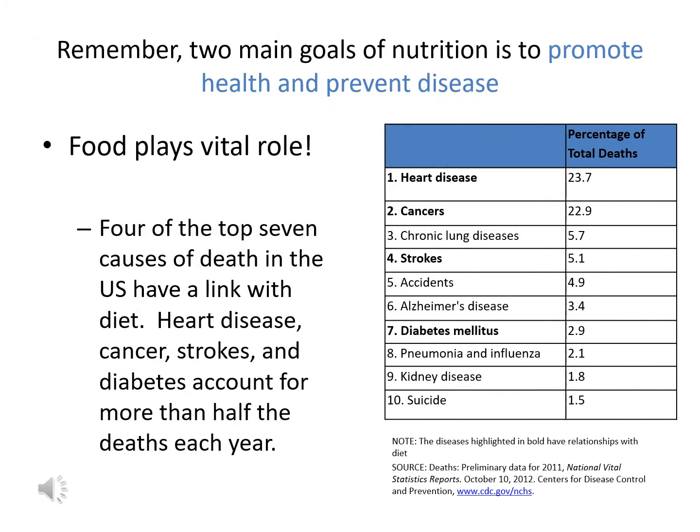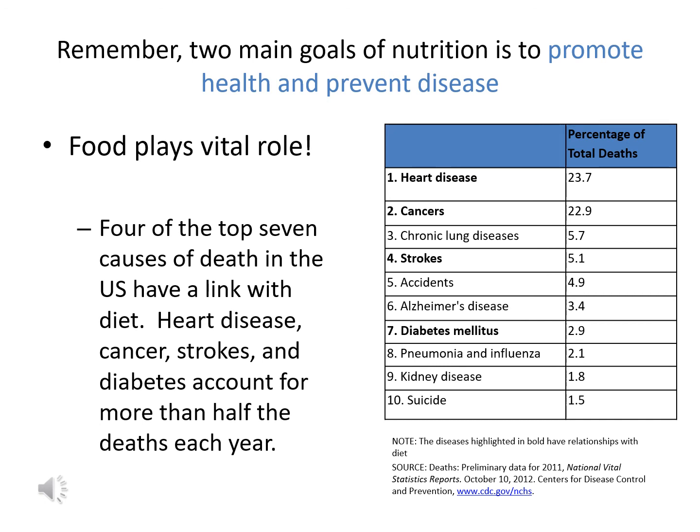So we're back to where we started. If you recall, at the beginning of the lecture I had stated that the two main goals of nutrition are to promote health and prevent disease. What we're going to find out as we proceed through this semester is that food, or more specifically nutrition, plays a really important role. You can see from this particular table that 4 of the leading causes of death in the United States are directly associated with diet.